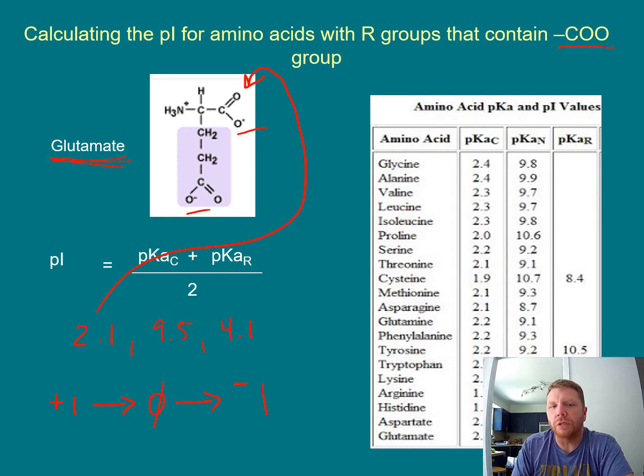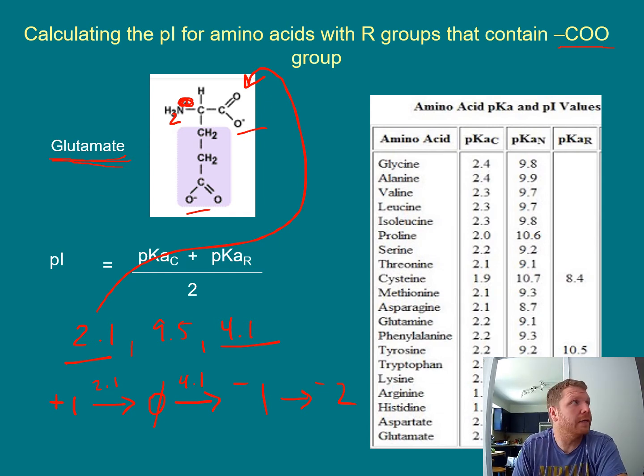The way that I like to do this is to determine my charge range. So this molecule will go from a +1 charge to a 0 to a -1, and then ultimately once this group right here is deprotonated, it's going to be a -2 charge. After that, I take my pKa's and list them in sequence from lowest to highest: 2.1, 4.1.